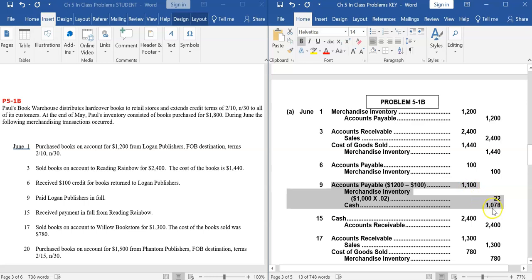Instead of $1,100, we only need to pay cash of $1,078. In order to record the fact that the inventory cost us $22 less, we will decrease the inventory by $22.